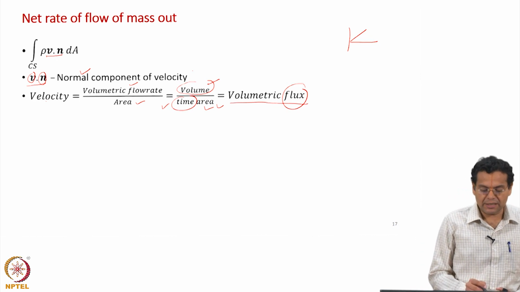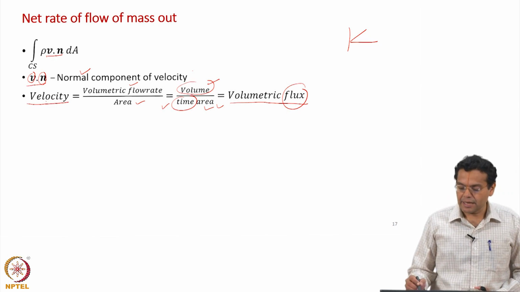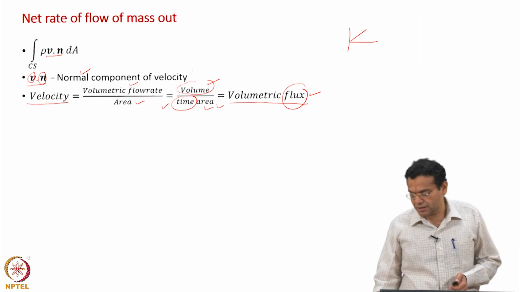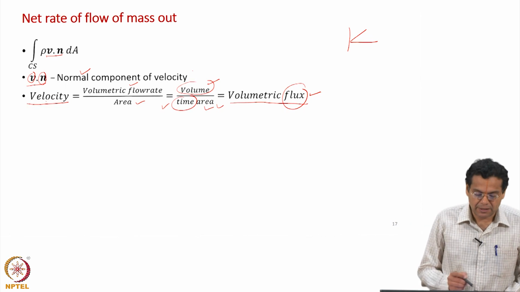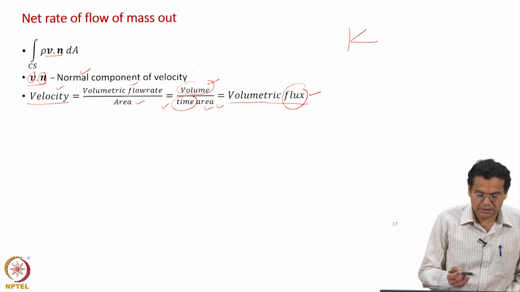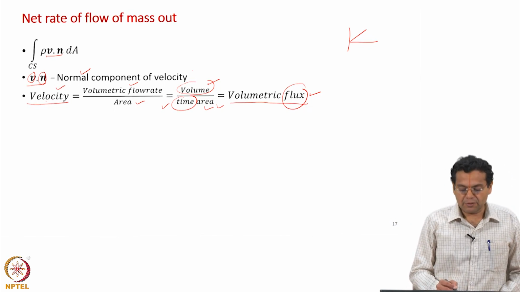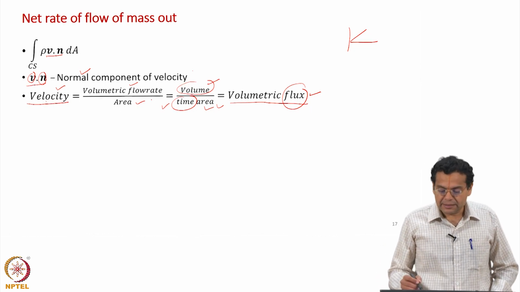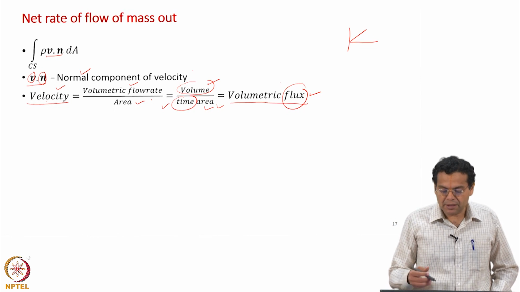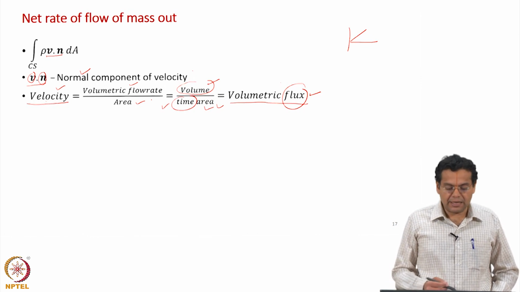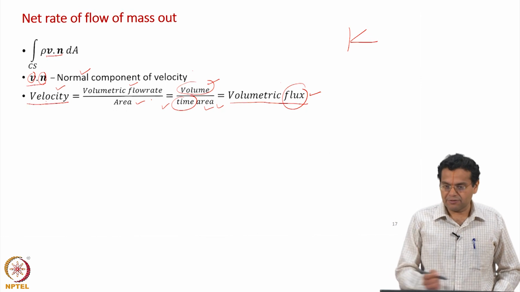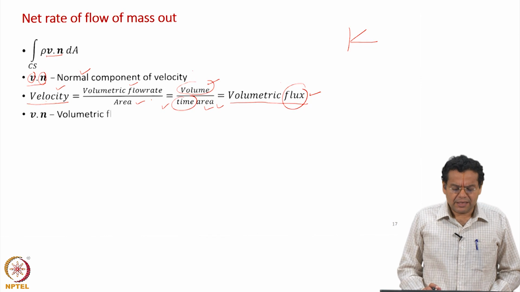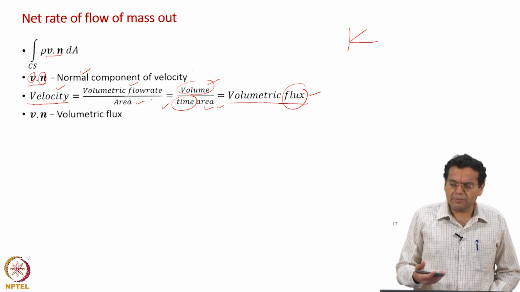So, what is it that we have shown here? Velocity can be expressed as volumetric flux. So, better to keep this in mind, we will use this a few times later as well. Either you can say velocity, which is well known to us, as volumetric flow rate by area, or express volumetric flow rate as volume per time, then it becomes a volumetric flux because it is volume per time per area. So, velocity is volumetric flux. Okay. Now, V dot n is volumetric flux accounting for the normal component of velocity.